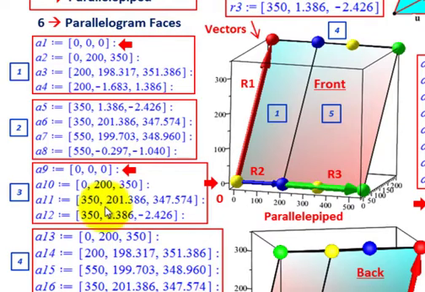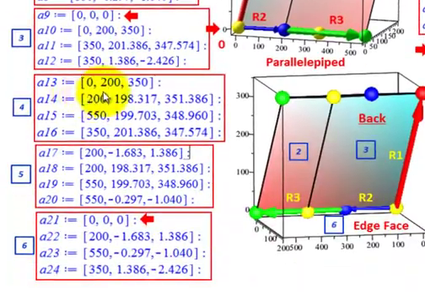So we know that we have 6 different parallelogram faces. And in face 4, I'm only going through this because you have to understand what's going on and how the computer can give you all these numbers and how it generates the volume. And then 5 over here and 6 here.